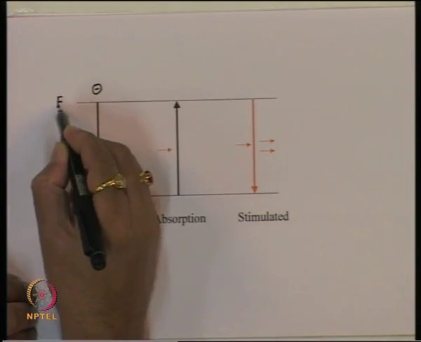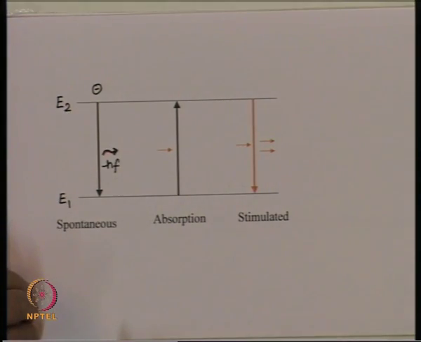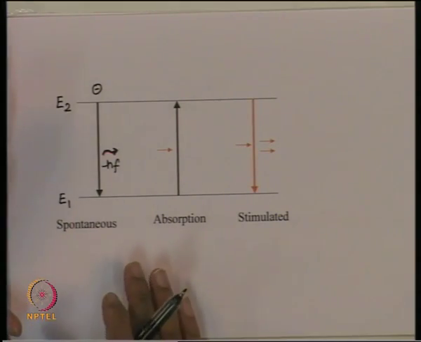As we have called, this is E2 and this is E1. This quantity h f will be E2 minus E1. This is one process which takes place inside the material.